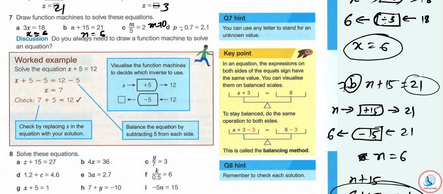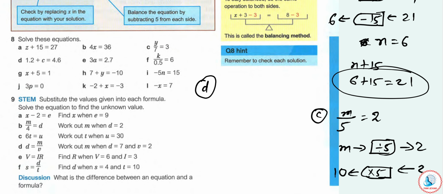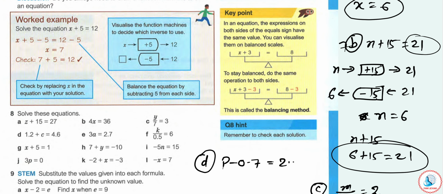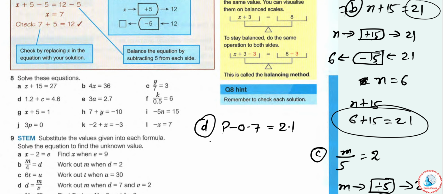Now for question number D, p minus 0.7 is equals to 2.1. Question D says p minus 0.7 is equals to 2.1. Okay, so p, here you are doing the subtraction operation, which is minus 0.7, which is giving us 2.1.